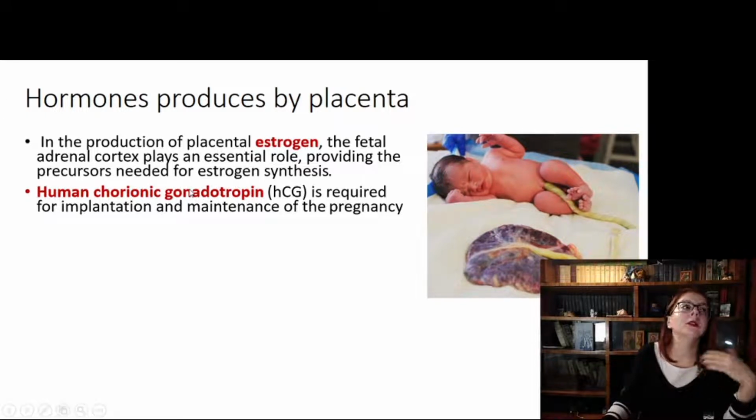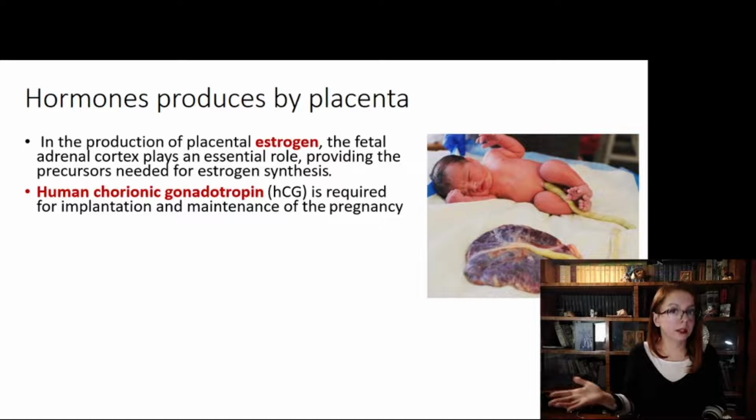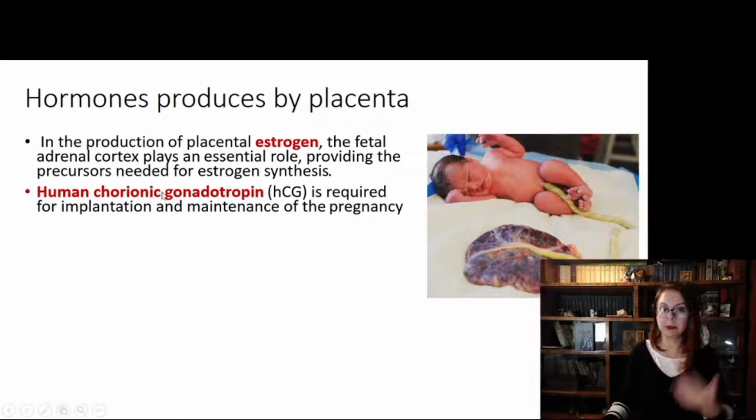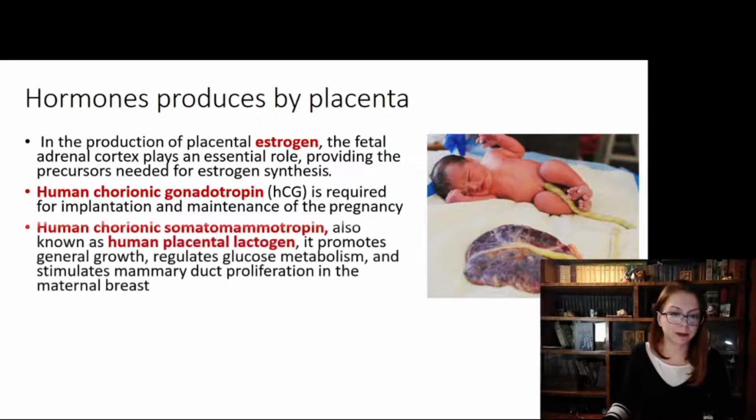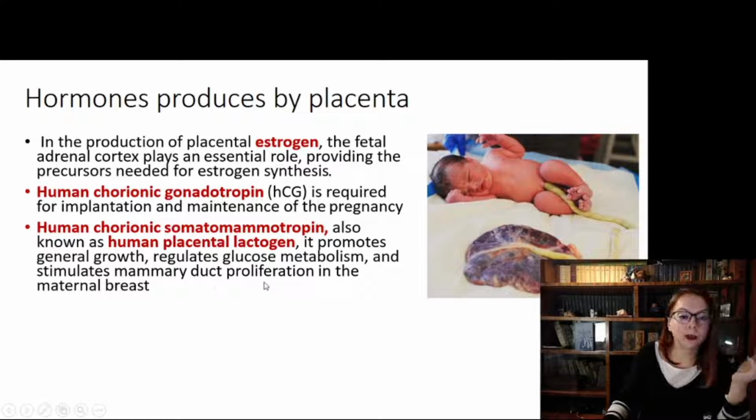It is important to maintain the corpus luteum at the beginning of pregnancy, and also in maintaining the endometrium during the pregnancy. This is the hormone which is measured in the blood and urine and helps to detect pregnancy by a pregnancy test.